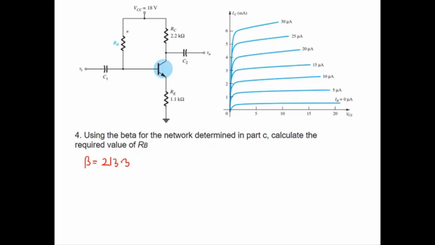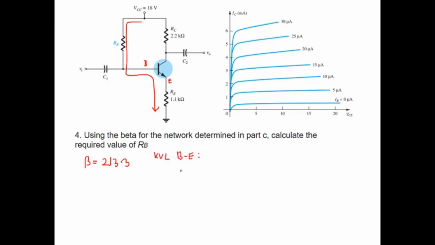The RB appears in the KVL of the base emitter. So what you can do is the KVL at the base emitter.